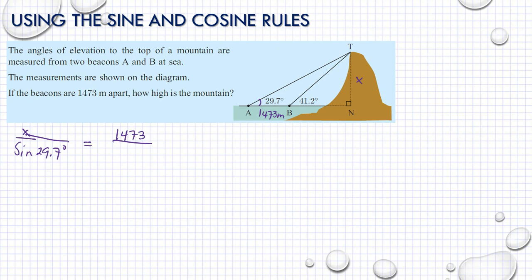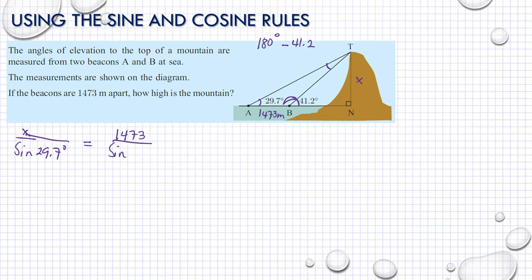It's the length of a side, and it should be over sine of something that is opposite this one. So we need to find that. How can we find that? We have 180 degrees minus this one. This one is 180 minus 41.2.